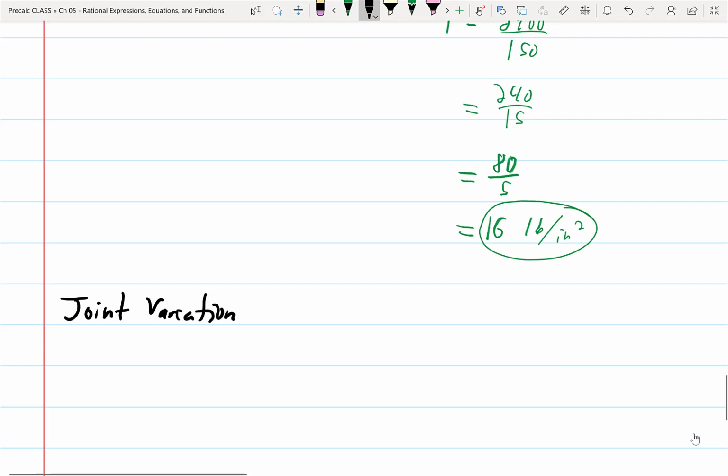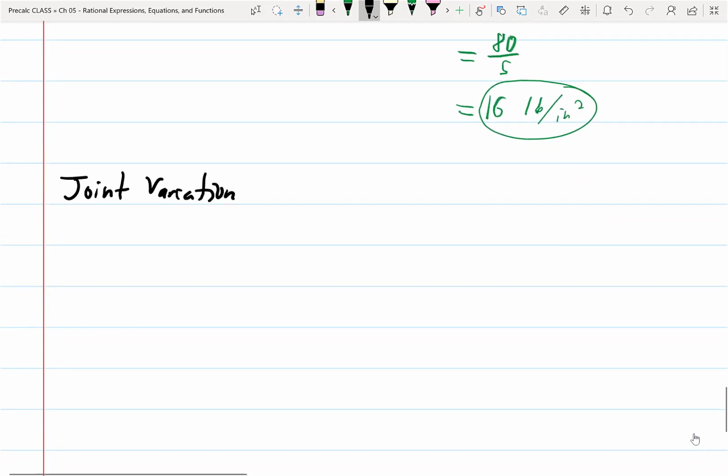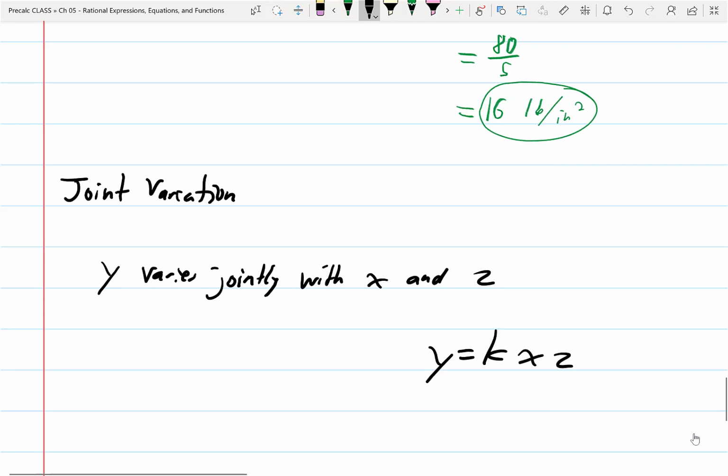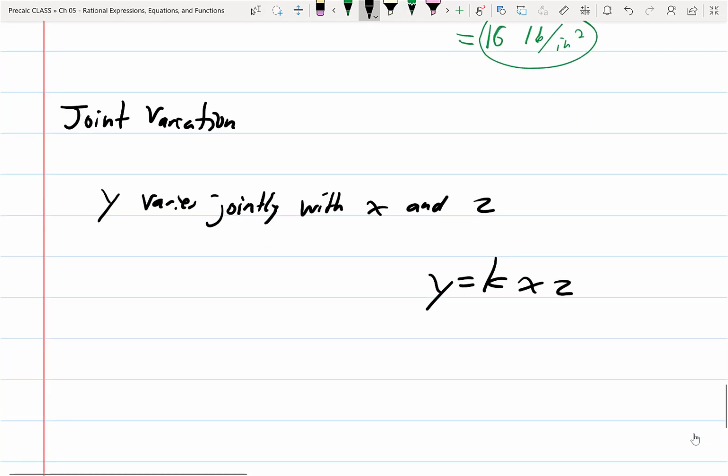And in joint variation, it's influenced by more than one variable. So I'm going to show you joint variation. Y varies jointly with x and z, which means y is equal to a constant times x and times z. So that's joint variation.